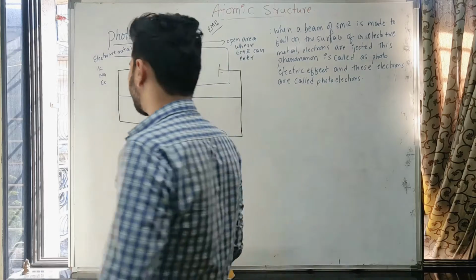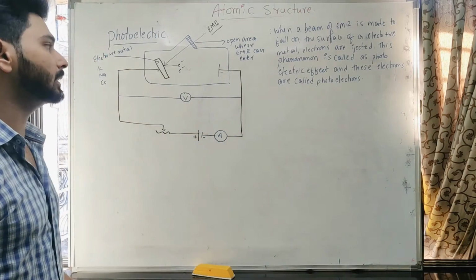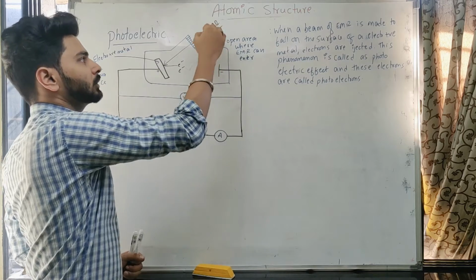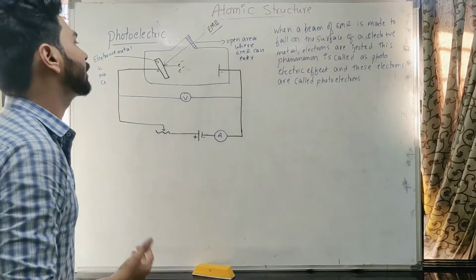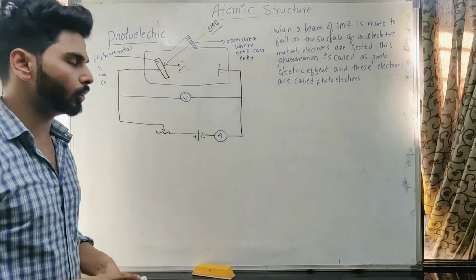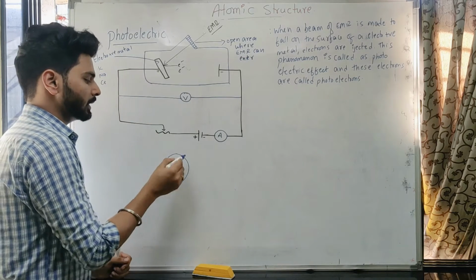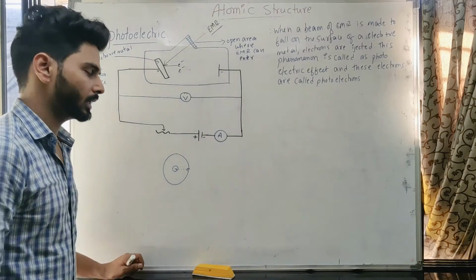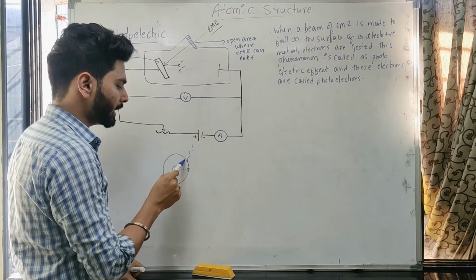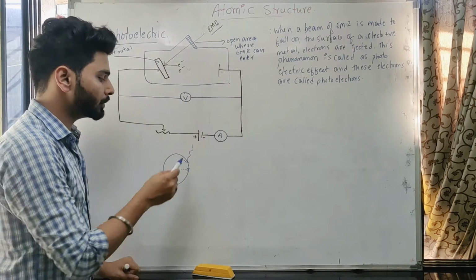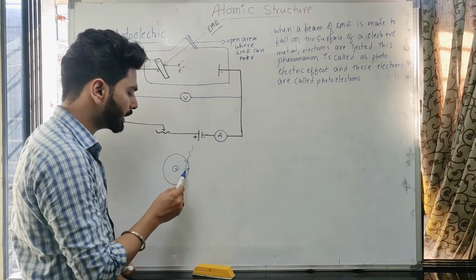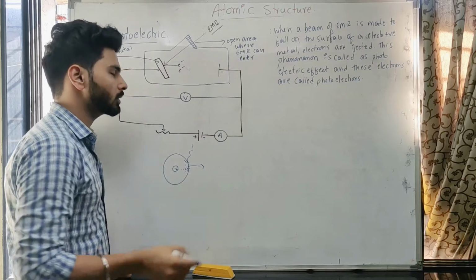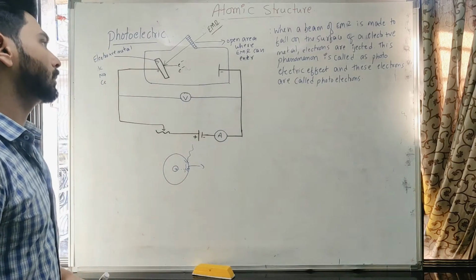Now let's see what we are going to understand here. I said electromagnetic radiation must be energetic enough to eject out an electron. We know that inside the atom electrons are tightly connected with the nucleus. We have to supply some energy that can break down this force of attraction, so that this electron can eject out from the atom.